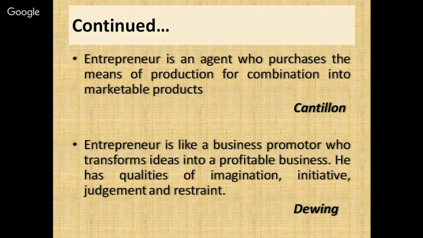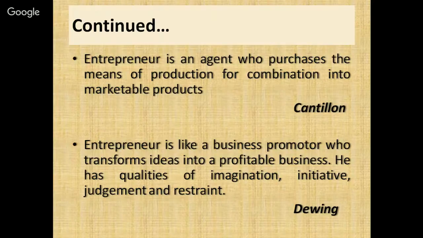According to Cantillon, an entrepreneur is an agent who purchases the means of production for combination into marketable products. Cantillon's observation is that the entrepreneur is an intermediary who purchases the means of production for combination into marketable products. For example, farmers grow potatoes, but not all farmers convert potatoes into potato chips.